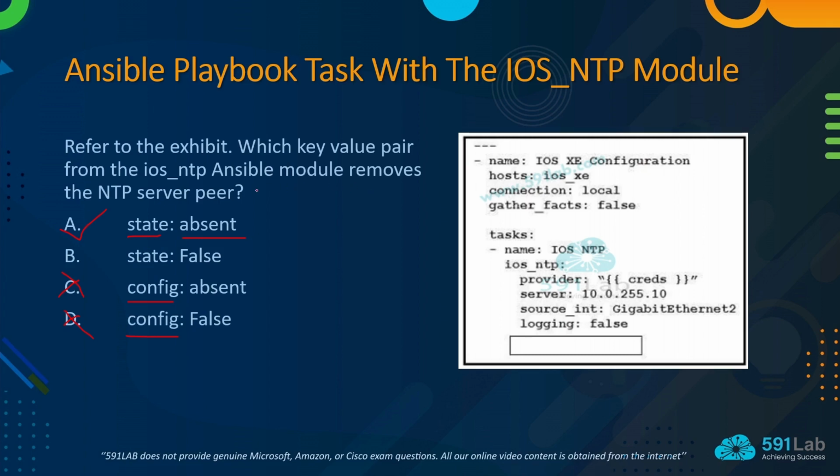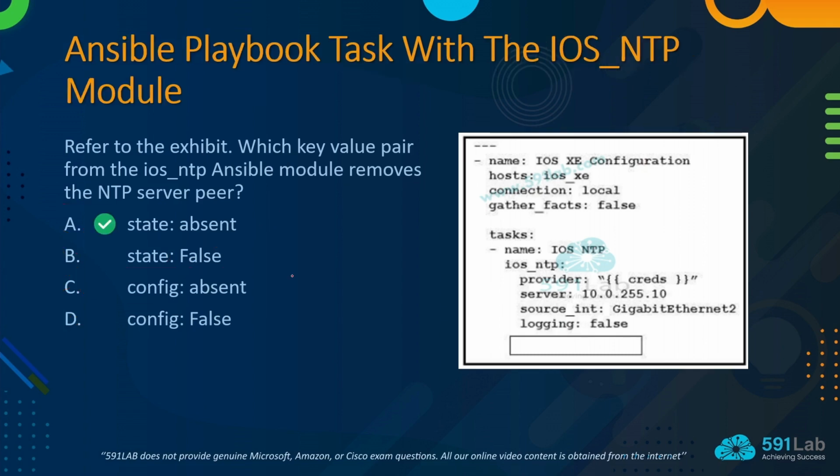The requirement of this question is to remove the NTP server, so absent is the best one, I think. And option B is also not right because the parameter state has no option of false. So I think the correct answer of this question is A.